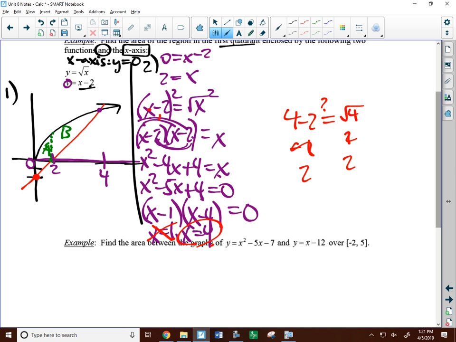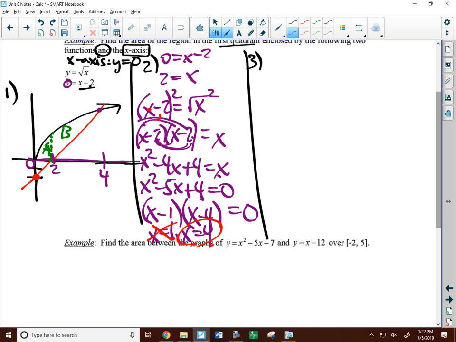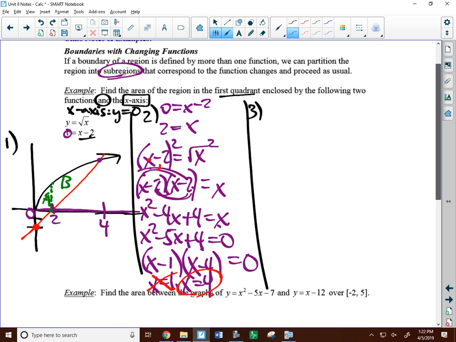All right, so region A, integral from 0 to 2. Region B, integral from 2 to 4. By the way, my drawing is certainly not to scale there with the 2. Sorry about that. I was trying to draw it over more. It just didn't happen. All right, so finally we set up, this is where we get multiple integrals.